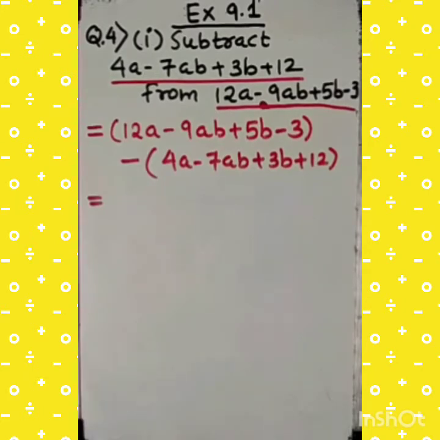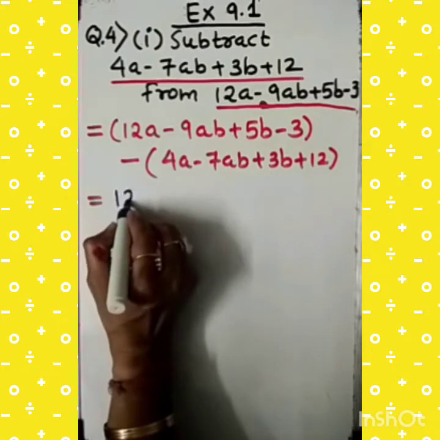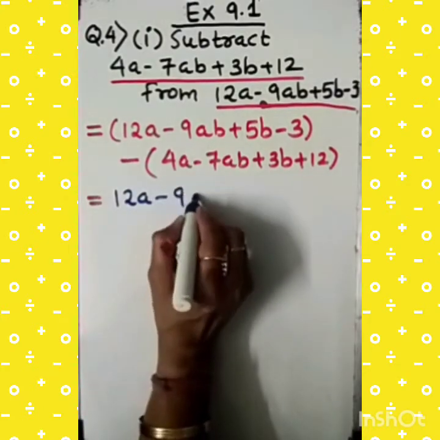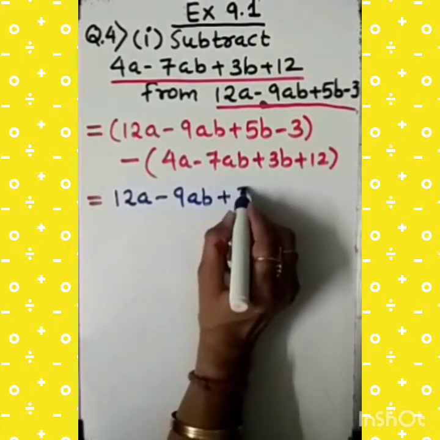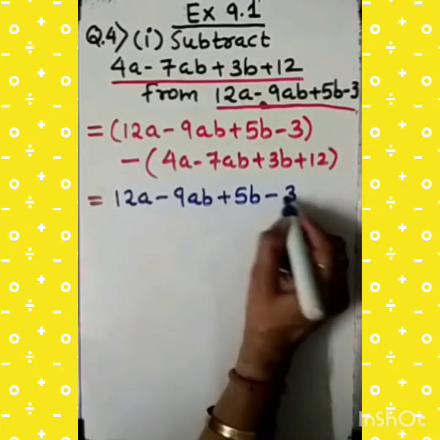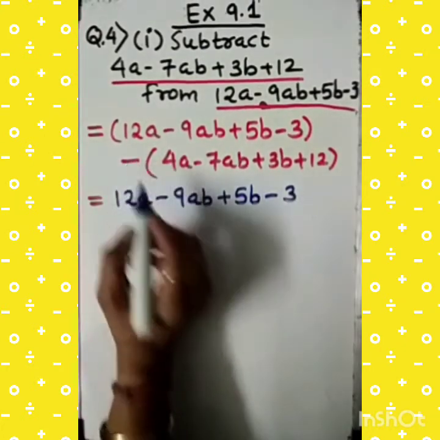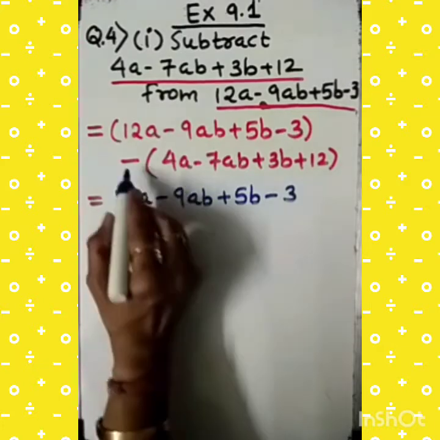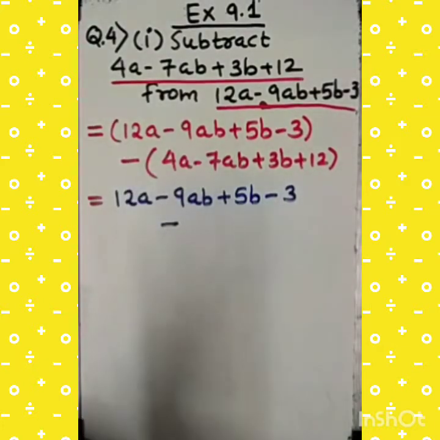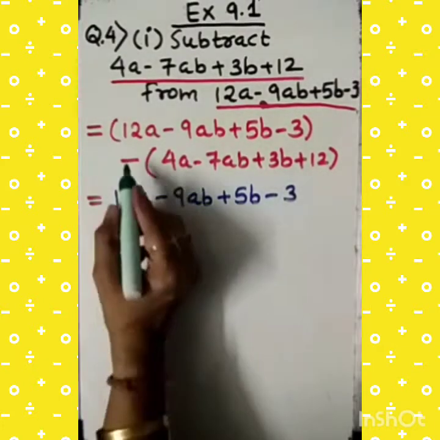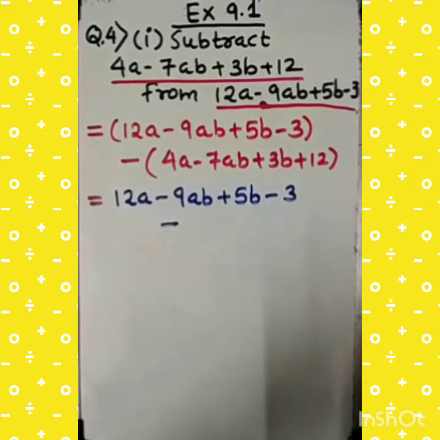Now for the next step, we need to open the bracket. So I have here 12a minus 9ab plus 5b minus 3. Now, as we know, here it is minus, so because of this minus we need to change the signs.